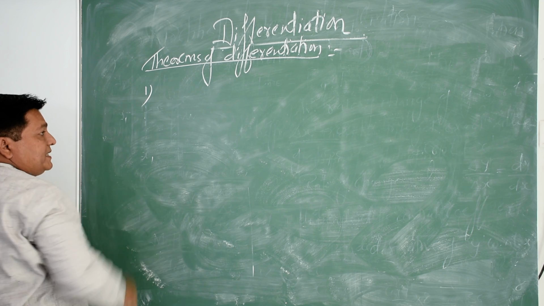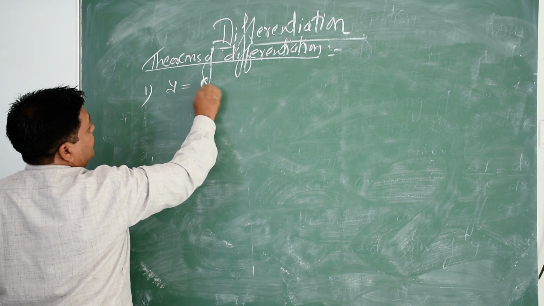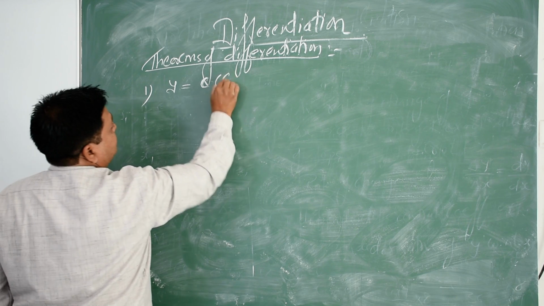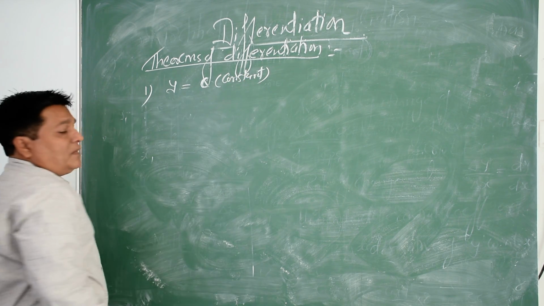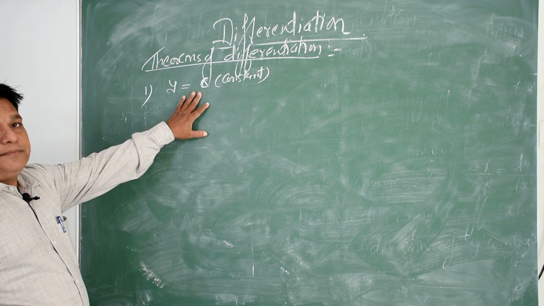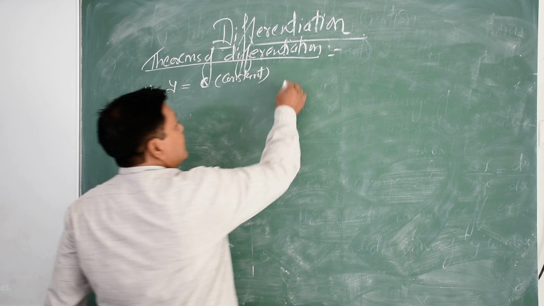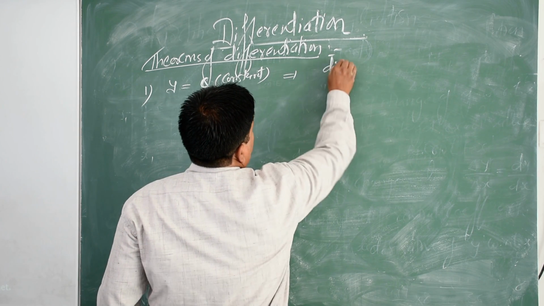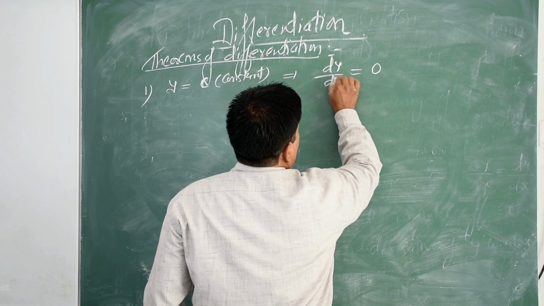Number one: if y is equal to c, where c is a constant term, then the differentiation dy by dx will be equal to 0. dy by dx of a constant is always equal to 0. Why?